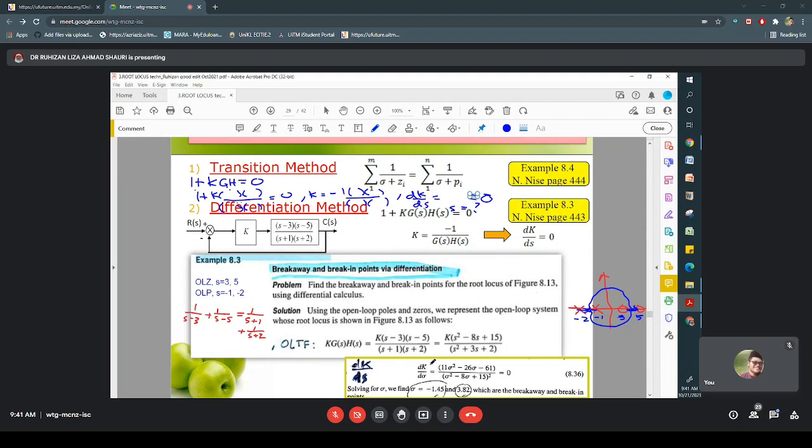Now remember, the answer is given already. Can you see that? That is the result of differentiation on s for this equation, given to you already on this slide.